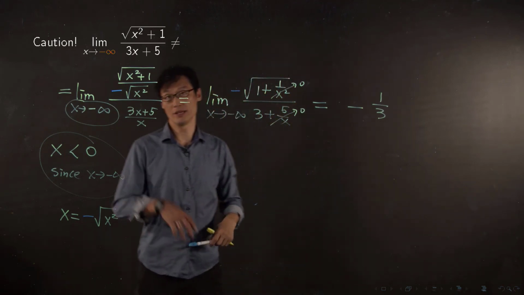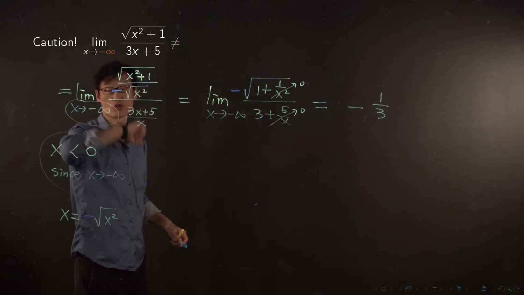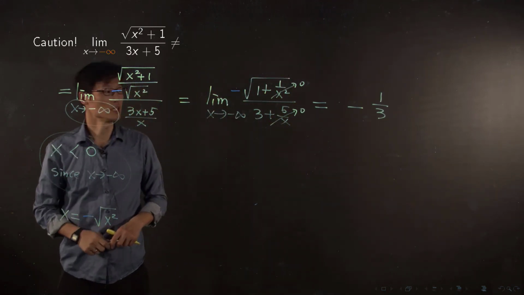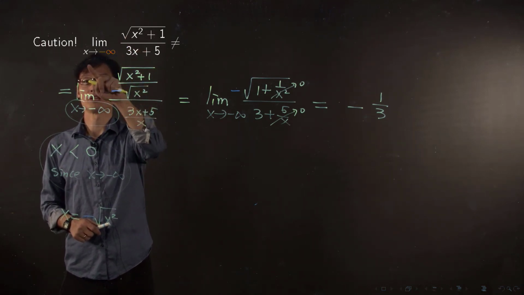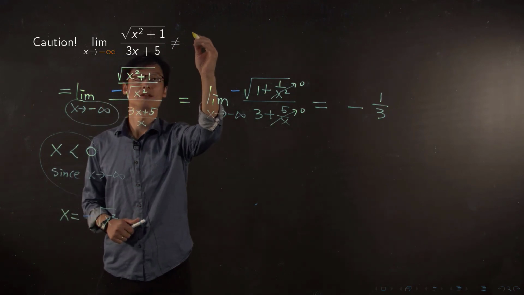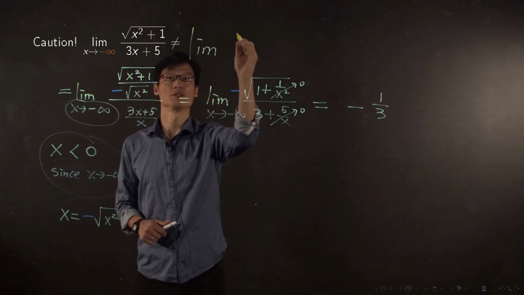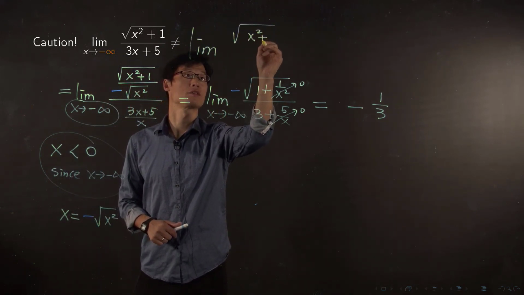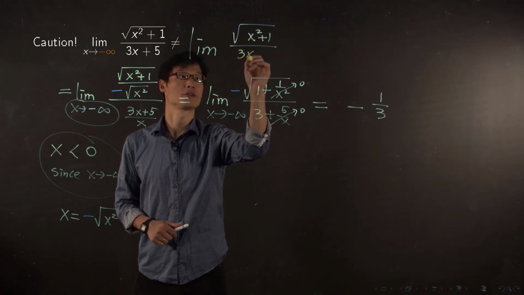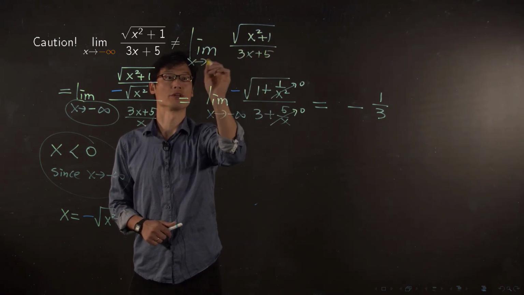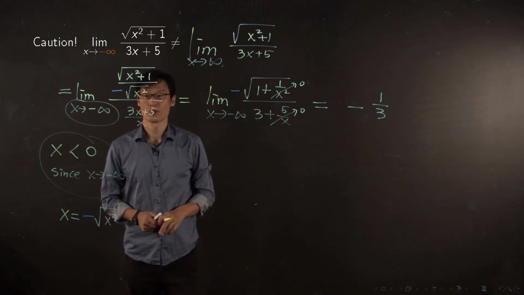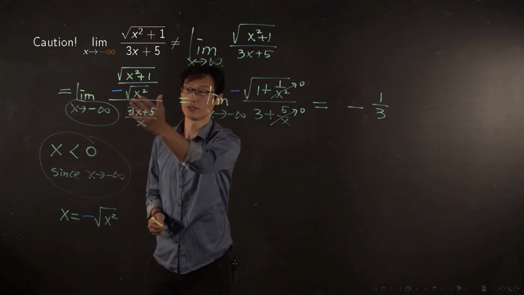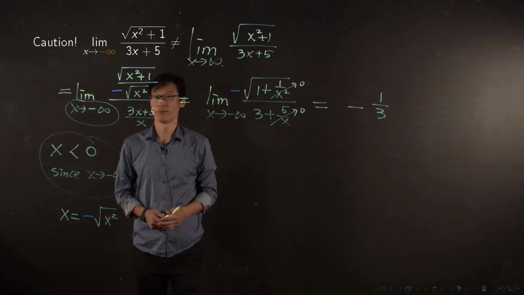So even when you have the same expression, the limit is not the same. This limit as x tends to negative infinity is not the same as the limit of the same expression as x tends to infinity. So depending on the sign, you need to be careful with this extra negative.